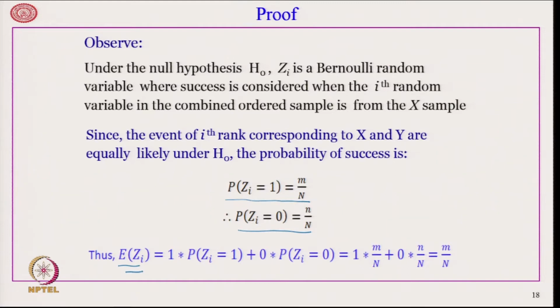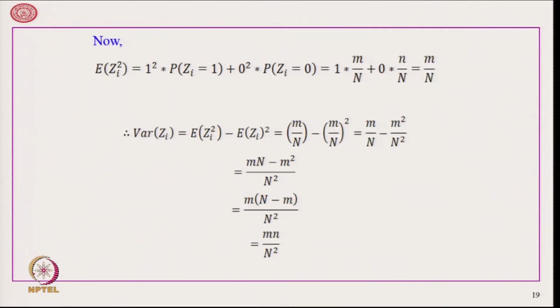Therefore, expected value of Z_i is equal to 1 times probability Z_i is equal to 1 plus 0 times probability Z_i is equal to 0, and therefore, it is coming out to be 1 times m by N plus 0 times n by N is equal to m by N. Now, variance, we know that variance of a random variable x is equal to expected value of x square minus expected value of x whole square.